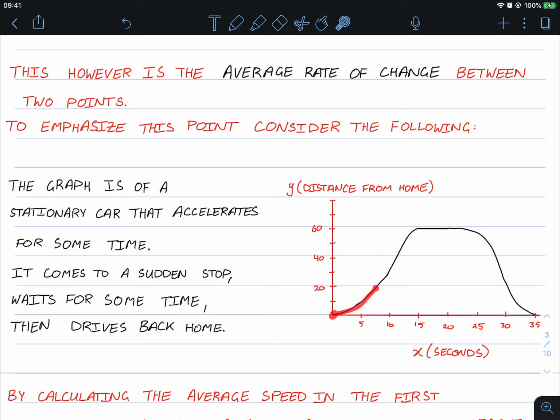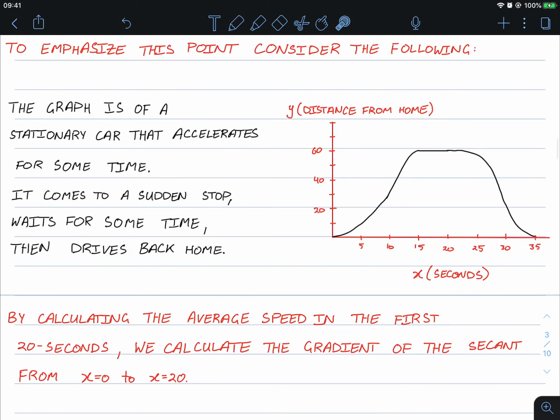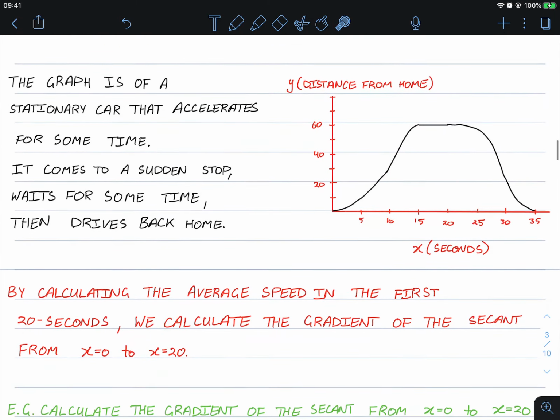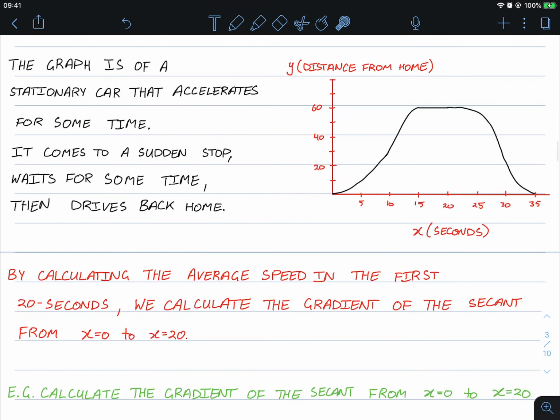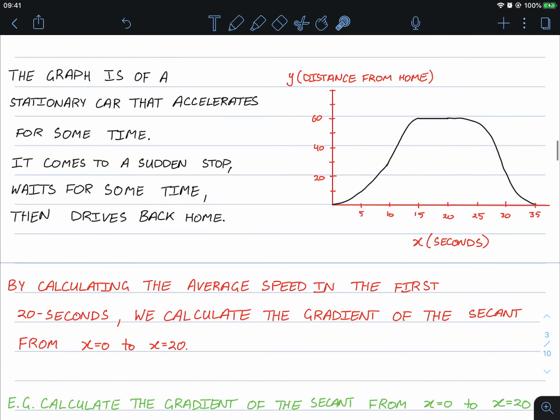It's accelerating for some time, so it's getting steeper and steeper. It comes to a sudden stop, and then it waits for some time before driving back home. By calculating the average speed in the first 20 seconds, we calculate the gradients of the secant from x equals 0 to x equals 20.